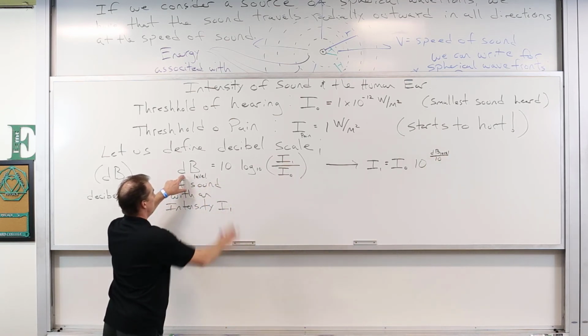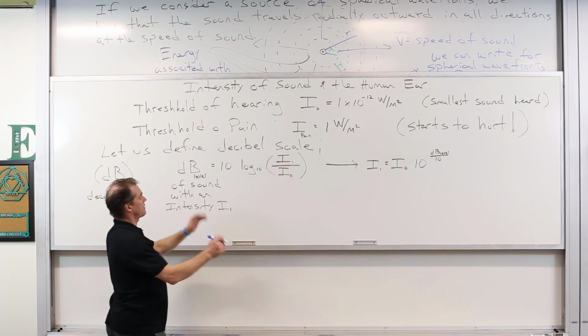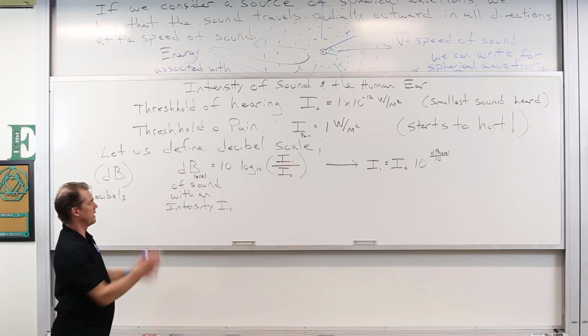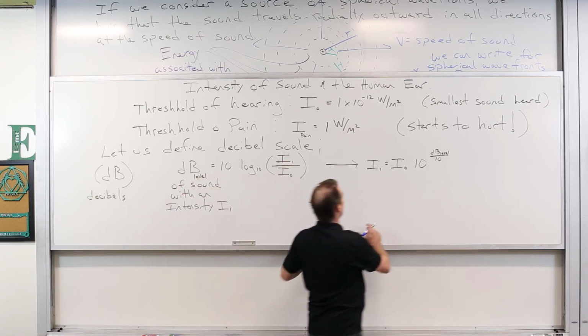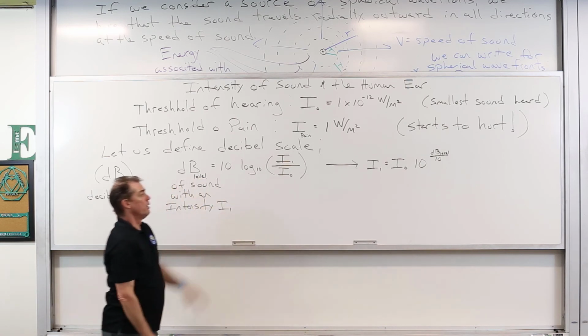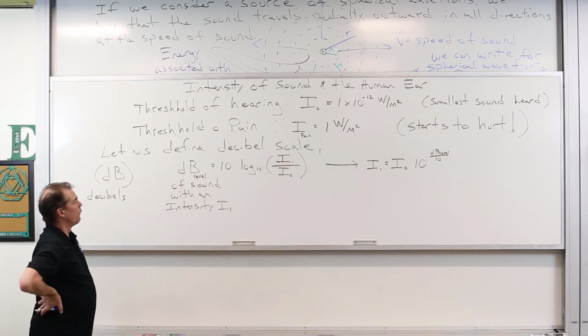That 10 comes over here, 10 to the x, there's the x, multiply by I0, and there's the correlation with intensity. So we can go back and forth between the intensity of the sound and the decibel level of the sound. So what can we do with this?